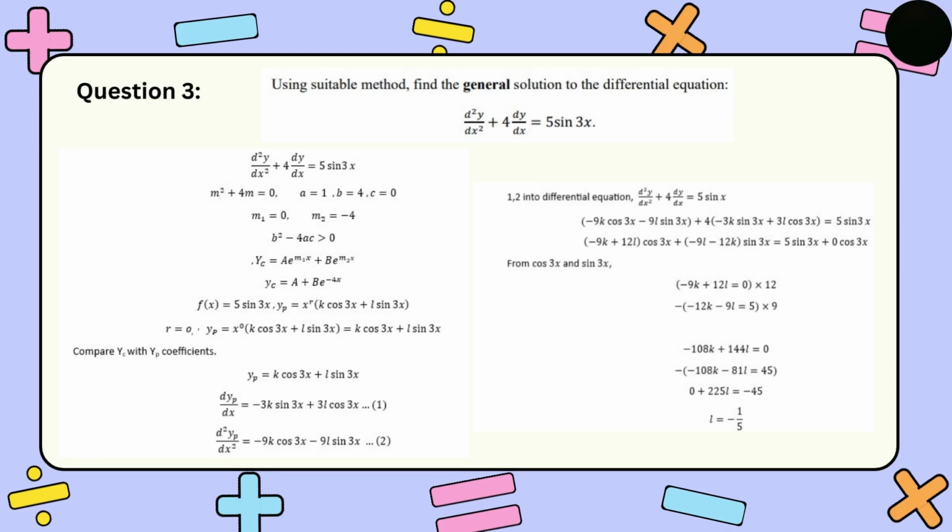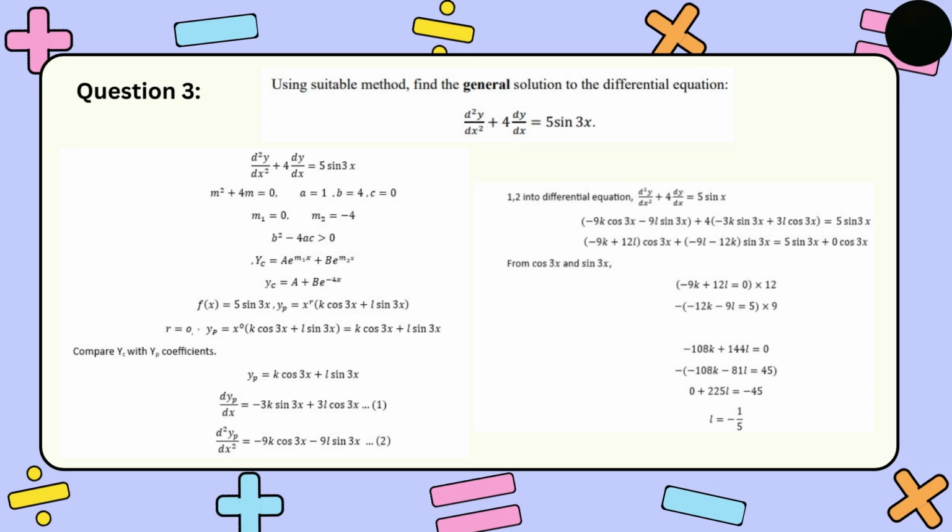And then we use b squared minus 4ac to find whether the result will be equal to, more than, or less than 0.